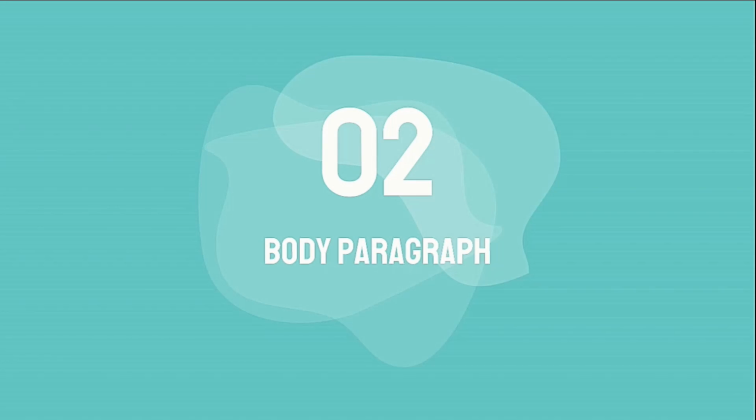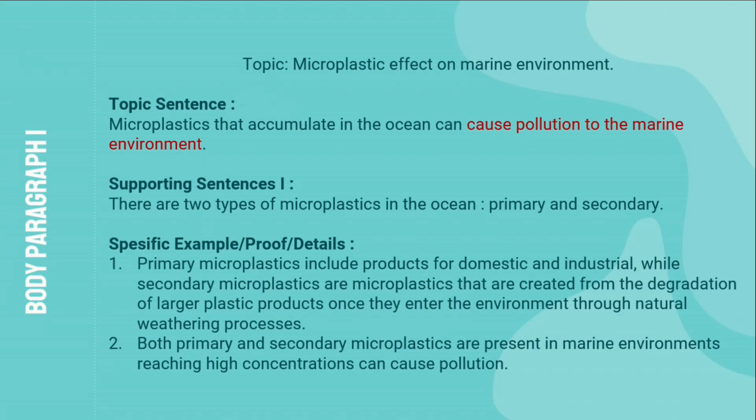But the topic sentence of body paragraph 1 is more specific about the pollution to the marine environment, because the marine ecosystem is about its environment and its biota, and this topic sentence is about environment.